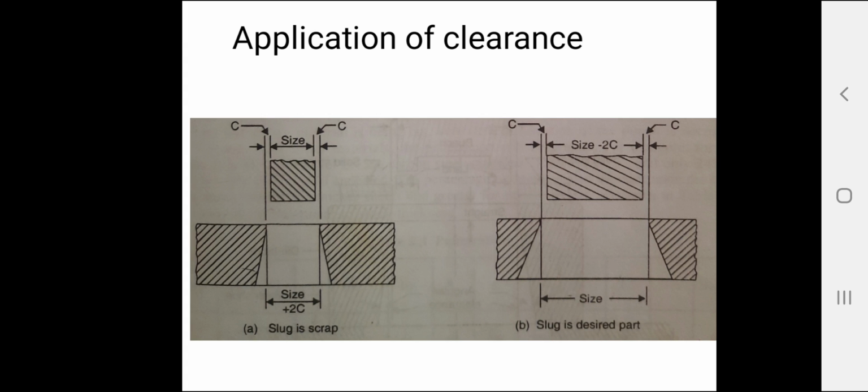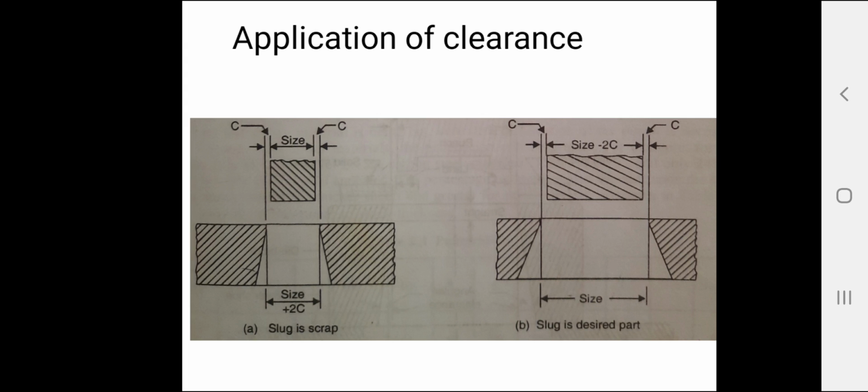On the blank, the burnished area is produced by the wall of the die. Therefore, blank size will be equal to the size of the die opening. Similarly, in punching operation, the burnished area is in the hole produced by the punch. Therefore, the size of the hole will be the same as the punch.